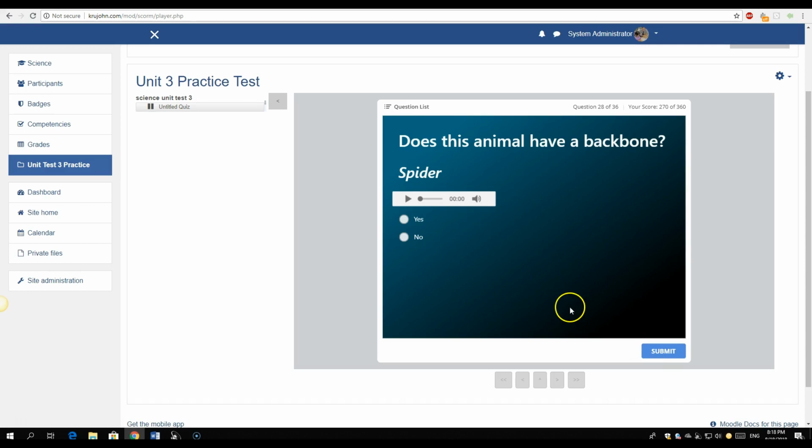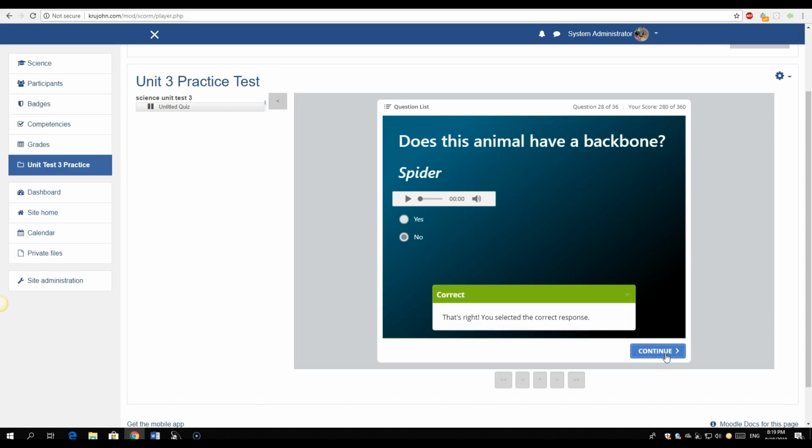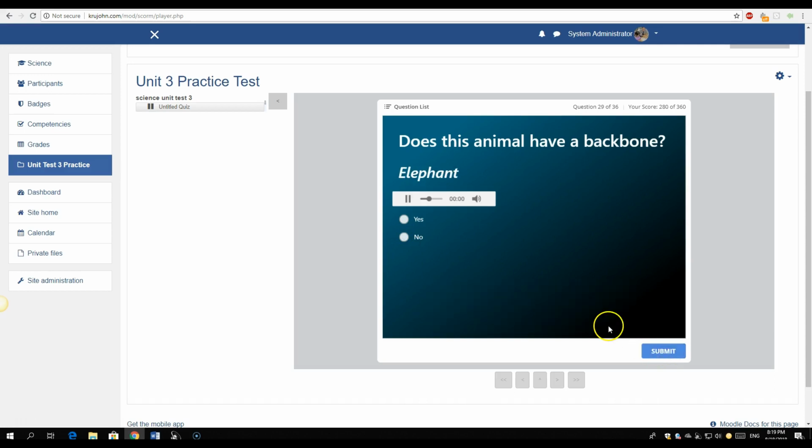Spider. Spiders are arachnids. Arachnids do not have backbones. No. Elephants. Yes, an elephant is a mammal. Mammals have backbones. Yes.